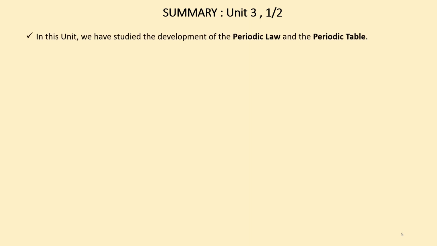Let us summarize what we have learned in Unit 3. In this unit, we have studied the development of periodic law and periodic table. We have also studied Mendeleev's periodic table, which was based on the atomic masses.